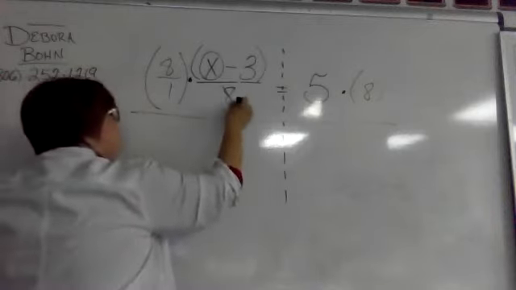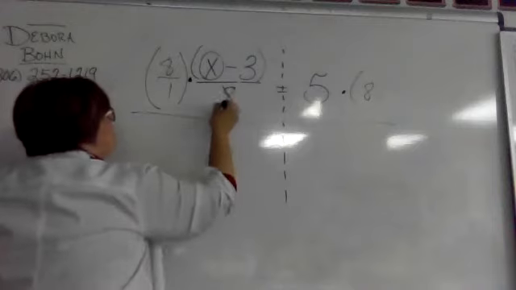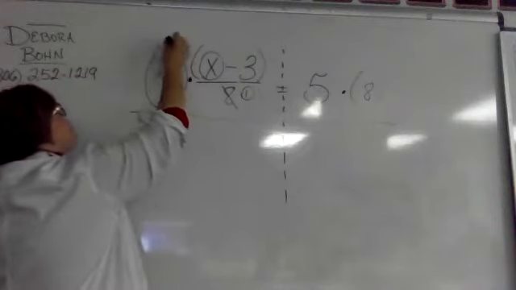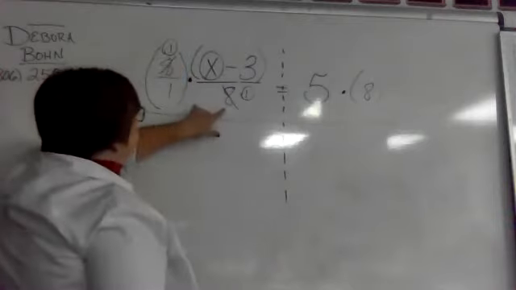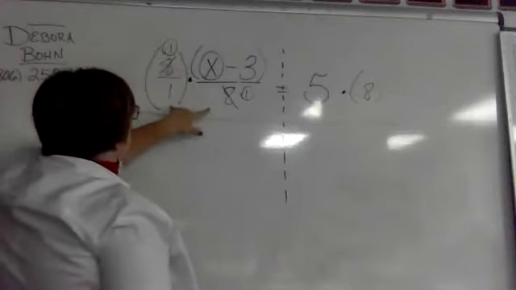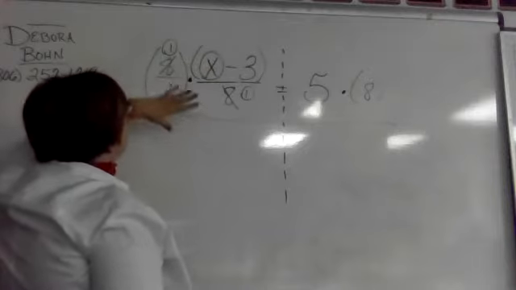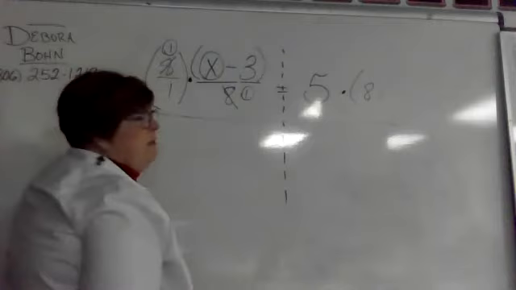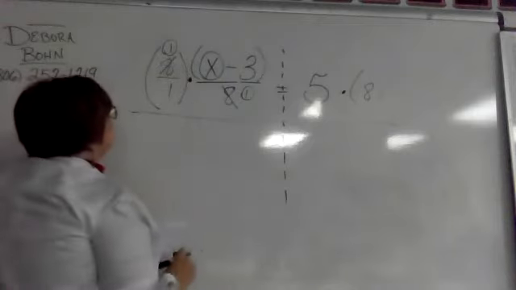So I'm going to divide by 8 in my head, and 8 divided by 8 gives me 1, and 8 divided by 8 gives me 1. Don't try to do this if it's two bottoms or two tops. It has to be a top of a fraction with some bottom of the fraction. This is called cross canceling.